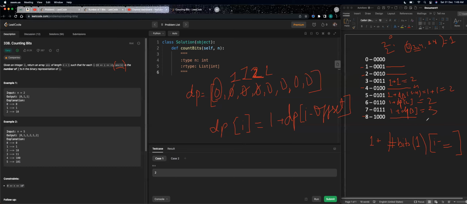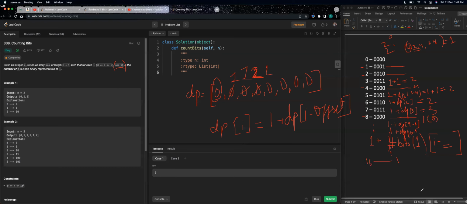And again, for 8, as it's an offset value, we'll start from 1, and our offset value would be increased to 8. Similarly, for 9, we would solve for 1 plus dp of 9 minus 8. Then similarly, 1 plus dp of 10 minus 8, until we reach our next offset value, that would be 16.